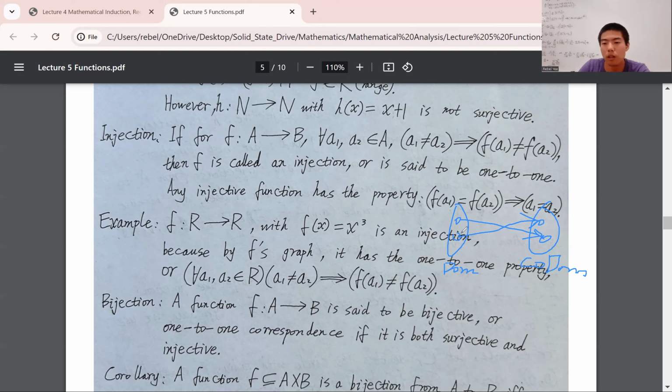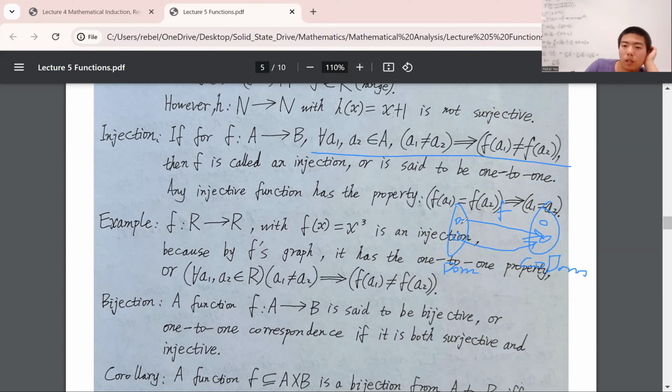But if we change it a little bit, what about this case? If these elements also go to this one, then this is not injective because there's more than one element in the domain which goes to a single element in the codomain. So this is not what we call an injection. One way to check this is to take all of the a1, a2 in set A, the domain, such that if a1 is not equal to a2, then f(a1) is not equal to f(a2).